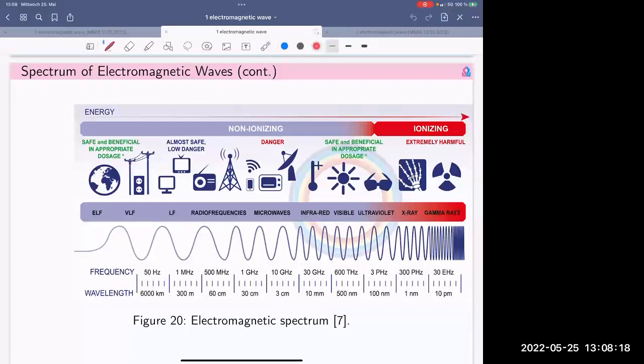In both regions, X-ray and gamma rays, it's extremely harmful to our human body.